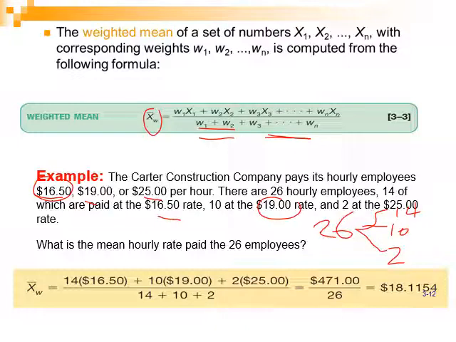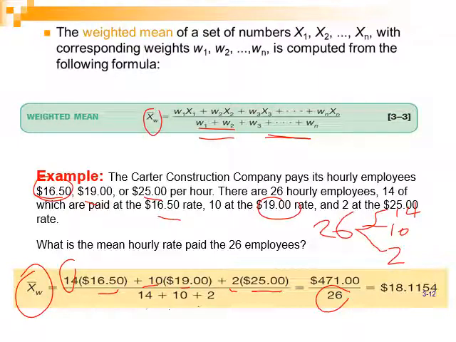How to get this value? By using the weighted mean, which is noted by x bar w. This is by multiplying the weight 1, which is 14, the number of employees, by $16.5, plus weight 2, which is 10, multiplied by $19, plus weight 3, which is 2, multiplied by 25, and dividing all by the sum of the weights, weight 1 plus weight 2 plus weight 3, which is equal to 26, the total sample size we have.